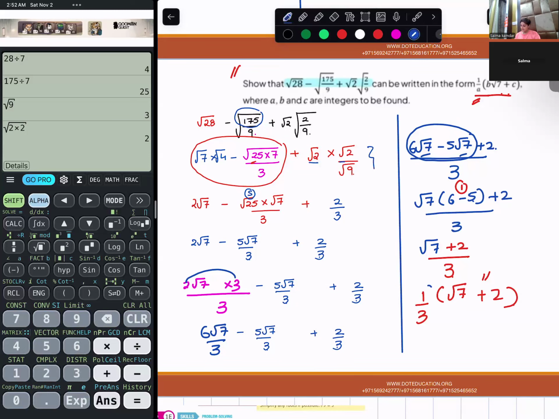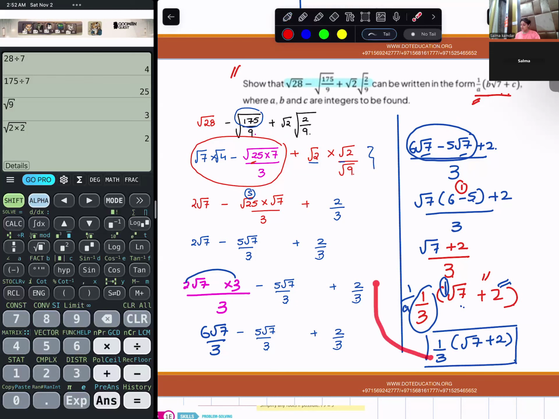So if I say this is 1 by a, b is 1, and c is 2, and root 7 is there. So your main answer is 1 by 3 root 7 plus 2. And I have expressed it in the form of 1 by a, b root 7 plus 2.